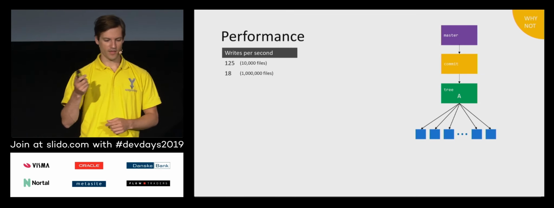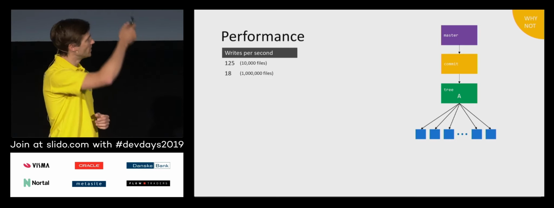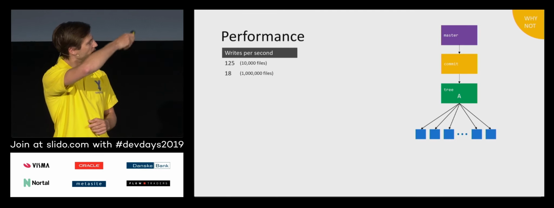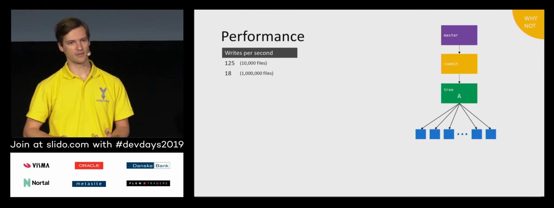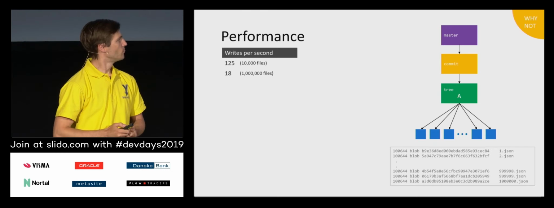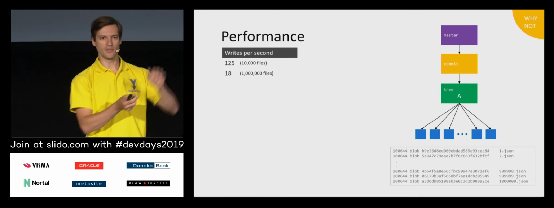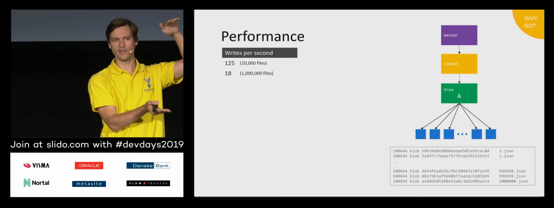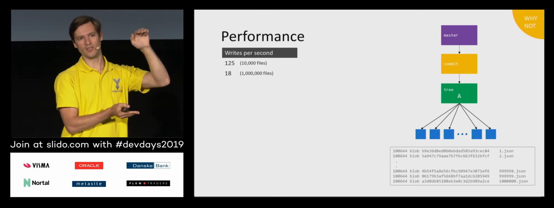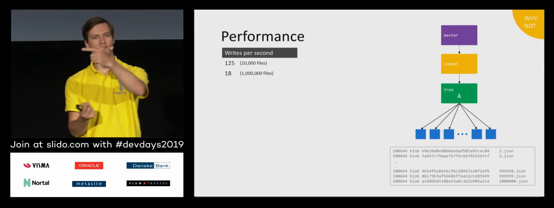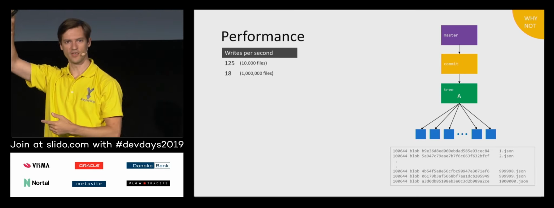And if you look at a repository, you can see you have your master, your commit, your tree, and then in this case I have in my tree 1 million files. Now what happens when I want to add a blob to it? So my tree is essentially a file, an index file with 1 million lines. Now if I want to add a blob to it, I need to copy that file and add 1 line to it, because I can't update an existing tree.